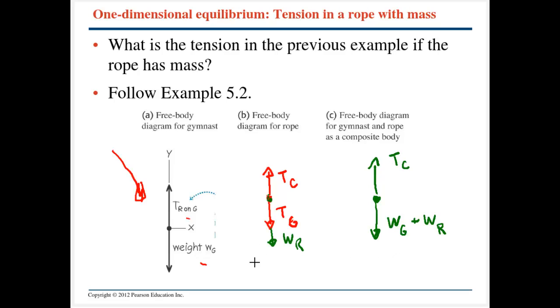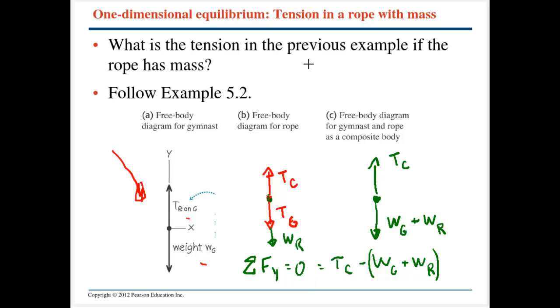And again, obviously things aren't moving in the y direction, so the sum of forces in the y direction must be equal to 0. And here we have the tension on the ceiling upwards, and downwards we have the weight of the gymnast plus the weight of the rope.